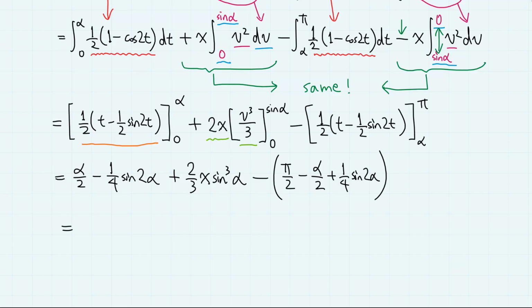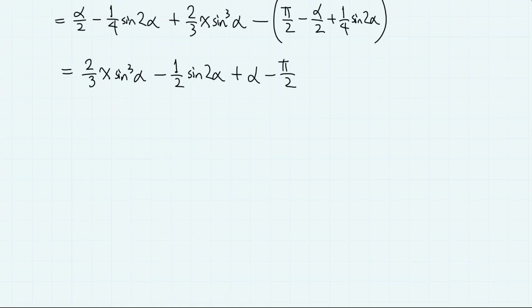So if we simplify this, we have first 2/3 x sine cubed alpha, then minus 1/2 sine 2 alpha, then plus alpha, then minus pi over 2. Here, let's write this 1/2 sine 2 alpha as sine alpha cosine alpha.